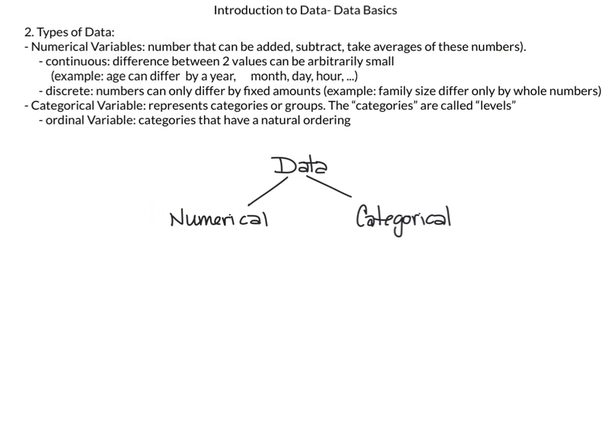Coming back to numerical data, we can divide up numerical data into 2 categories, continuous or discrete. Continuous data means that the difference between 2 points of data can be arbitrarily small, whereas with discrete, the 2 numbers can differ only by a fixed amount. So an example of continuous is if you want to talk about who's taller.